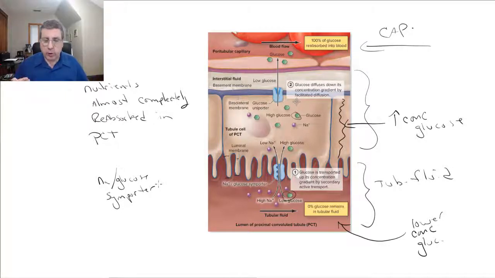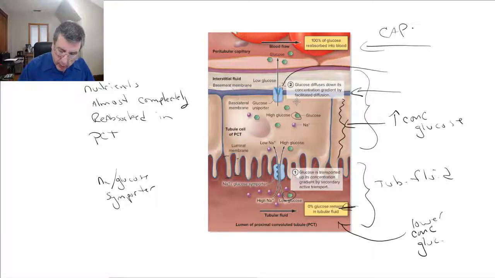Now what does the glucose do? The glucose then goes across the cell to the basolateral side. The basolateral, that's going to be this side because this is the luminal side down here, okay? So glucose is going towards the basolateral side where you have a glucose uniporter. So that's a glucose uniporter.